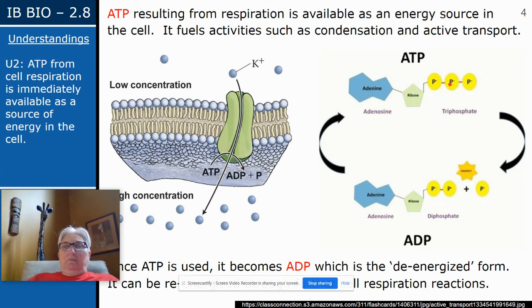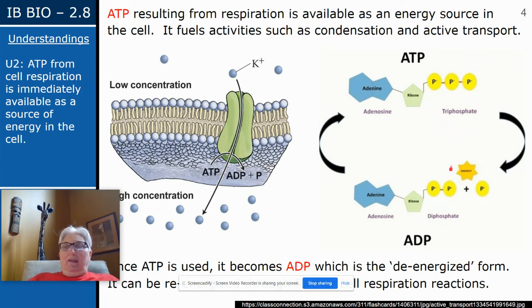In respiration, we end up getting an amount of energy occurring because we split the bond here between the second and the 3rd phosphate. So that's where we're going to get some of that energy from.